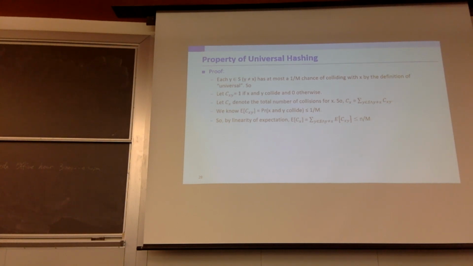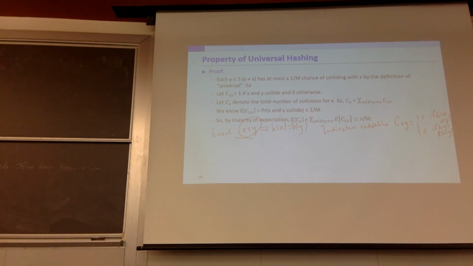If you have a random event, which here is that x is not equal to y and h(x) equals h(y), you create an indicator variable, C_xy. C_xy equals 1 if, for this pair of different elements, the hash function you pick makes the hash values the same, and C_xy is 0 if the hash values are different.